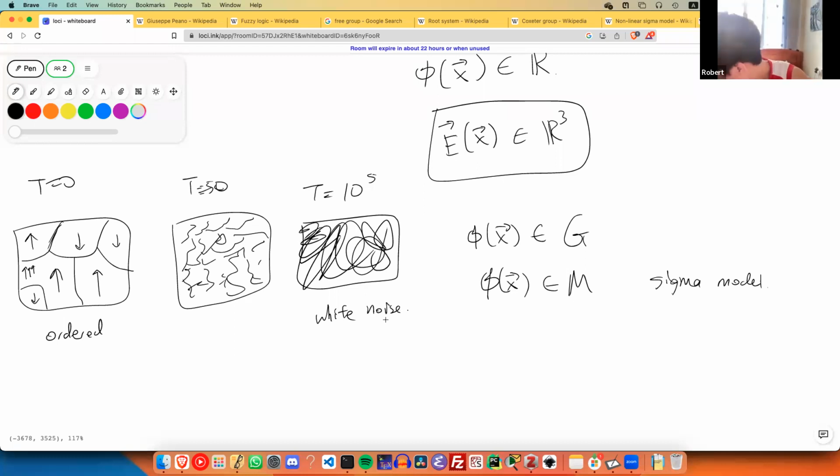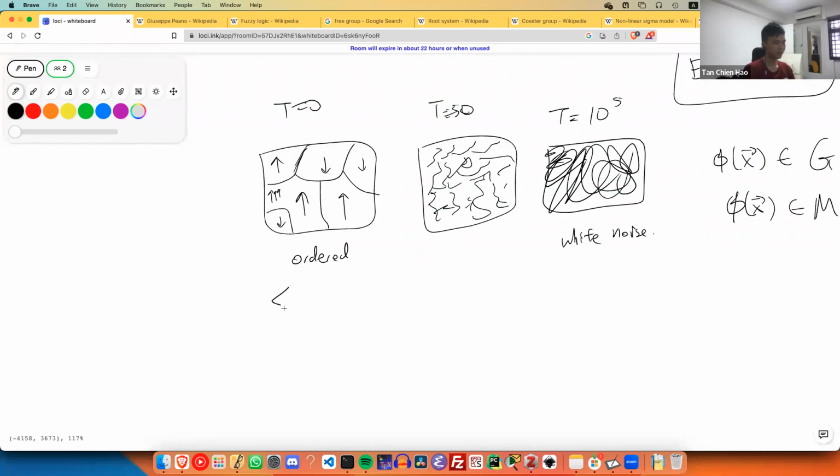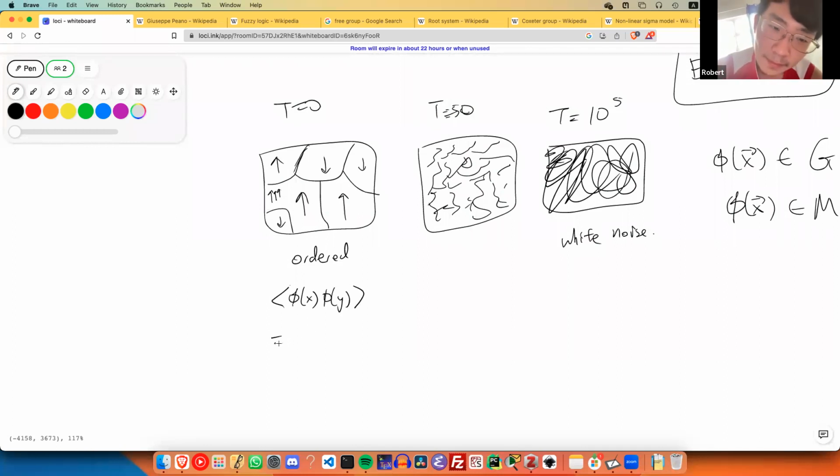So basically, you see how this thing evolves as you change the temperature. If over here we take the correlation of a point X with a point Y, we might get some dependence on how X and Y are separated.